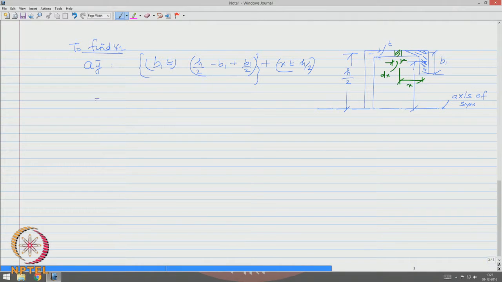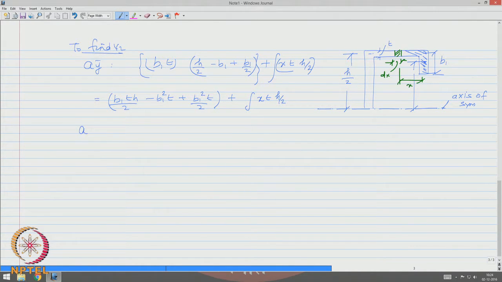So, which can be expanded as B 1 T h by 2 minus B 1 square T plus B 1 square T by 2 plus integral of this x t h by 2 for the length 0 to b.